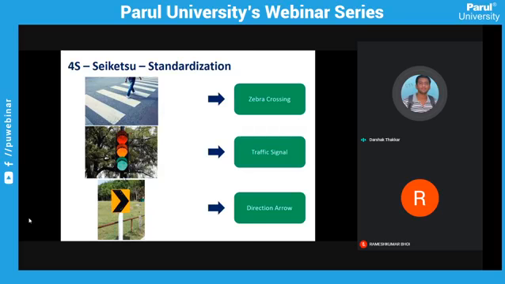They need to know where the safety area is, where they should not go. This can be done with the help of visualization, right? So there are some shine boards and some standardization which help to improve our visualization in our work area, right?